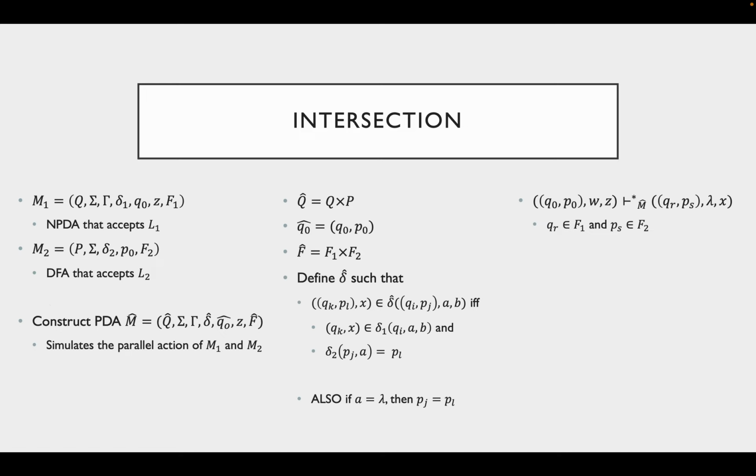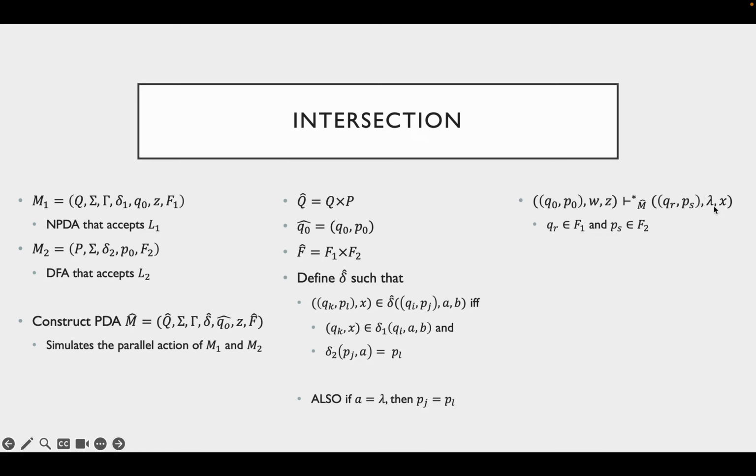So now that we have this M hat and we've defined how it works, we can see that the only way that you start in the start state for M hat, you read a word and you pop the start symbol off the stack, and then you end up in QRPS, another state.